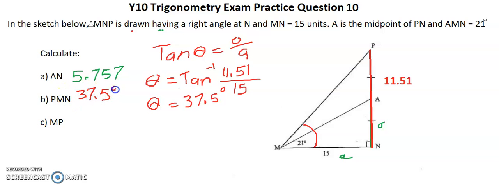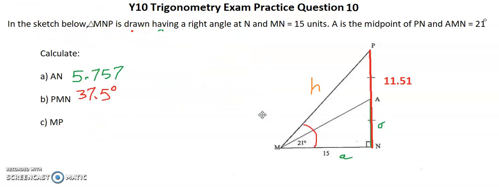So the next step is, now we know two of the sides and we know the angle, we can use either our understanding of Pythagoras theorem, or we can use our understanding of trigonometry ratios to be able to solve for the hypotenuse. So I'm going to use Pythagoras theorem, which is a squared plus b squared equals c squared.